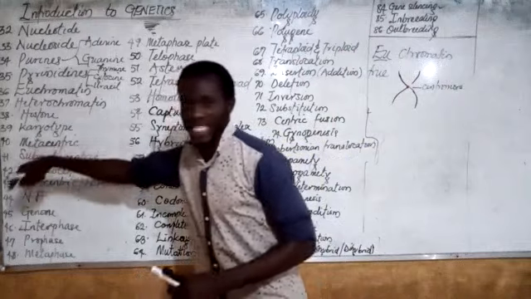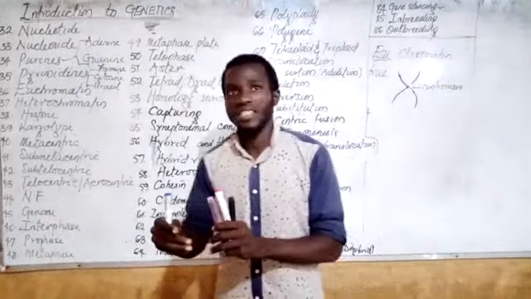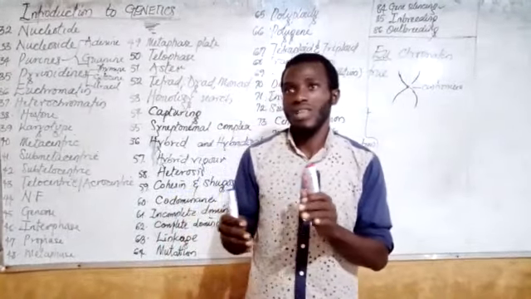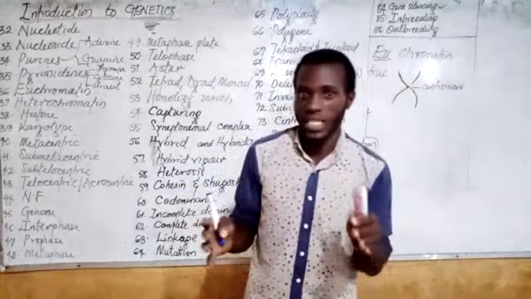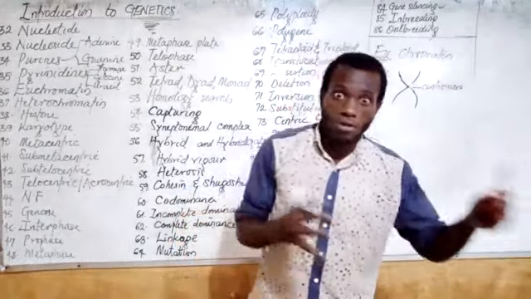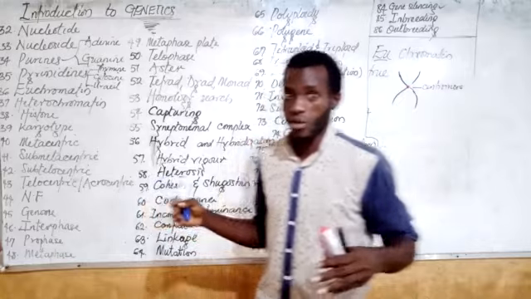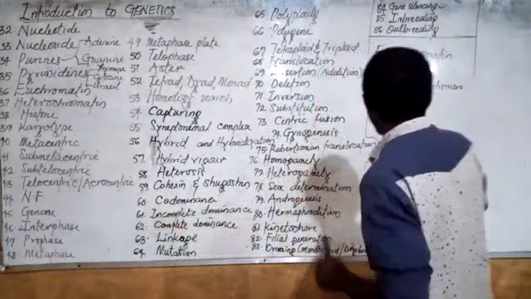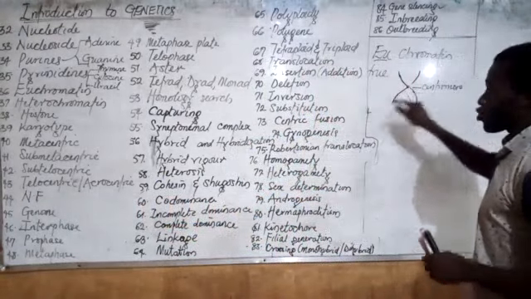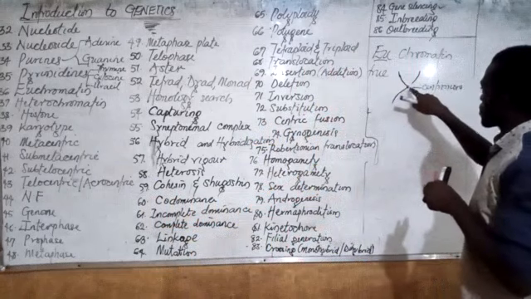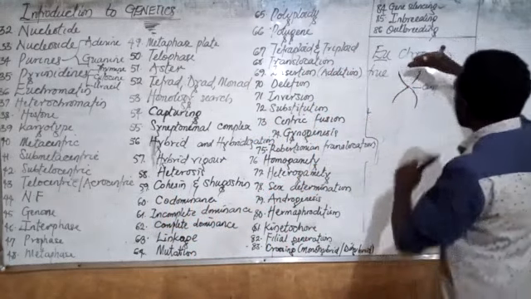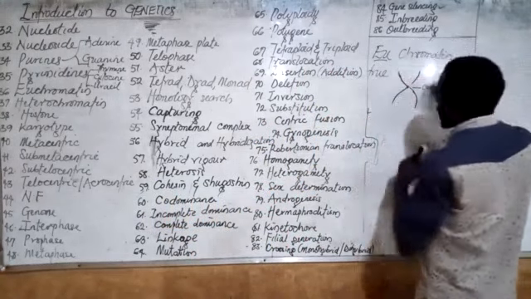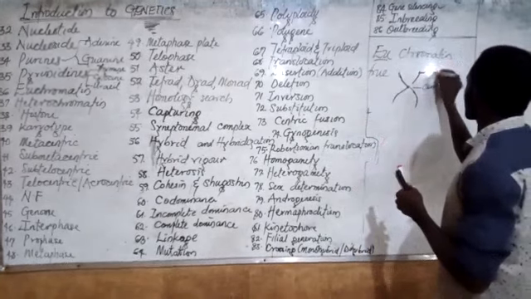Metacentric. Meta simply means something like in between two words or so. That is what the Greek word meta means. All right. So when this centromere lies exactly between the two arms, these are called arms.